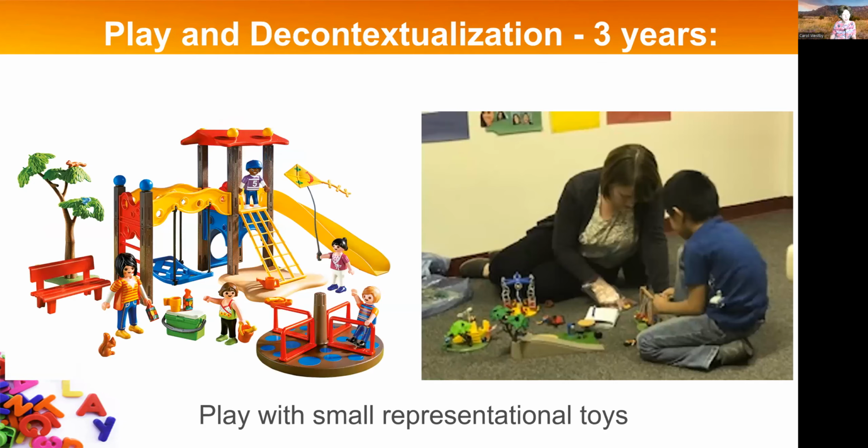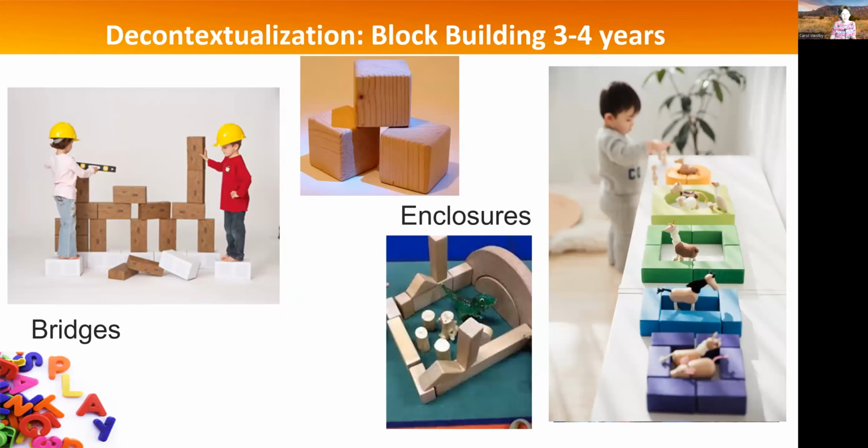Around 3, children can use these smaller representational toys. And with that, we also then see them beginning to give agency to these toys. They're starting to, rather than just stack up blocks, make something out of the blocks.